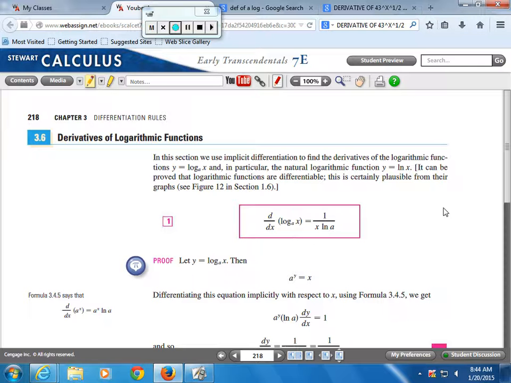Now you could pull the x to the 1/2 out. You could pull that out and then take the x to the 1/2 times the natural log of 43. I think that's going to be your final answer.